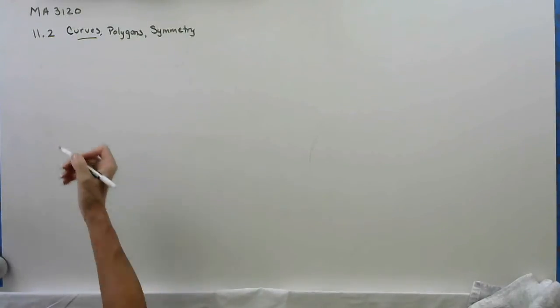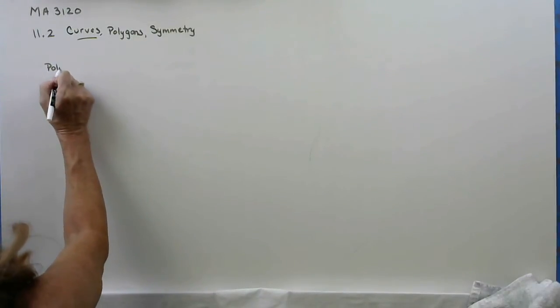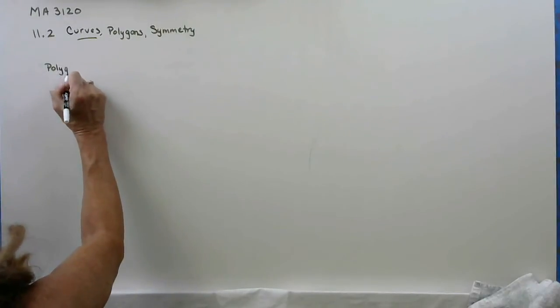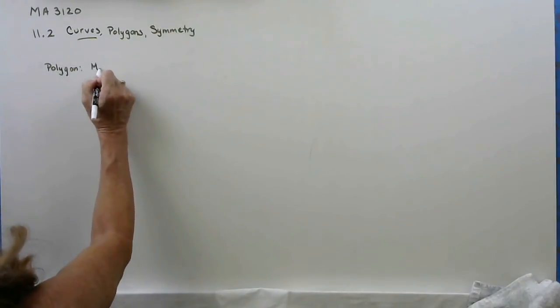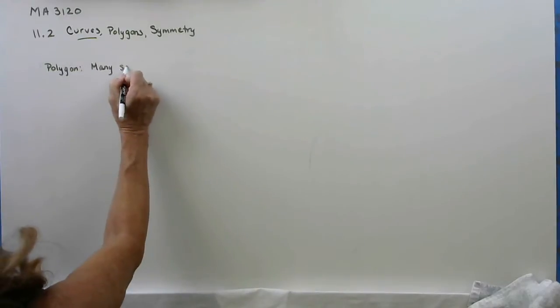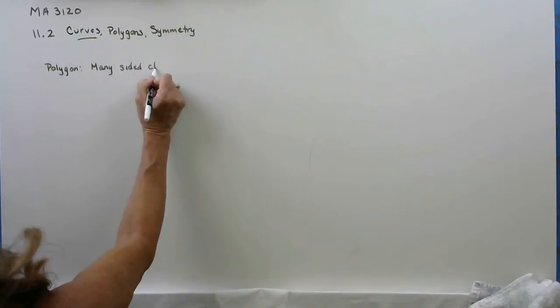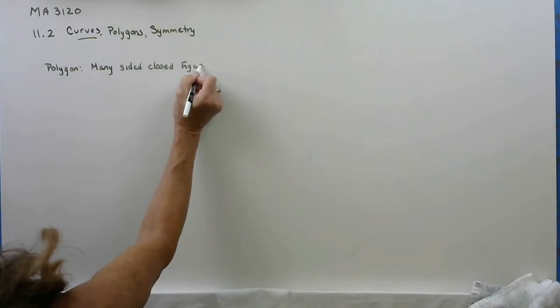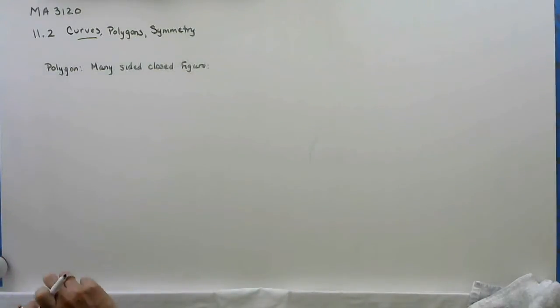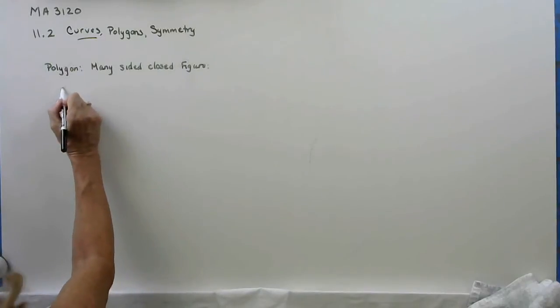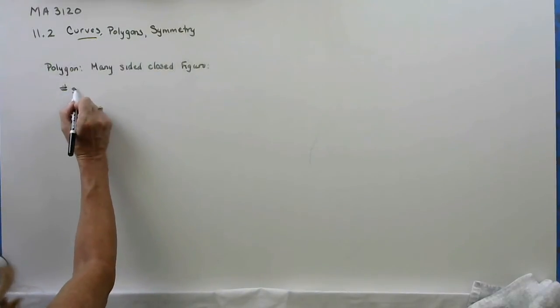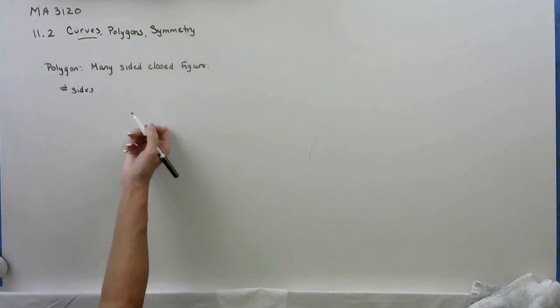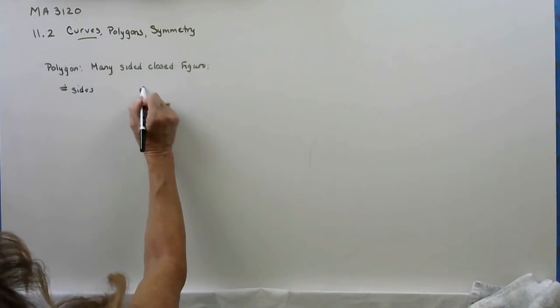I'm pretty confident you're familiar with some of these names, but perhaps not all of them. Since we just talked about a polygon being a many-sided closed figure, I'm writing it again. Let's talk about what we have and what we call them. So we'll make a little table: the number of sides and the name of the polygon.